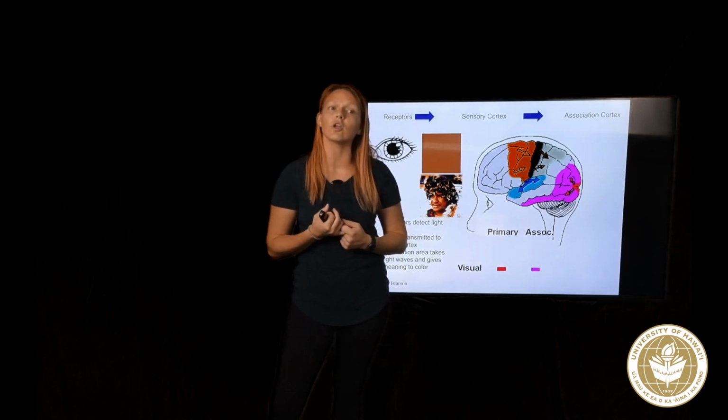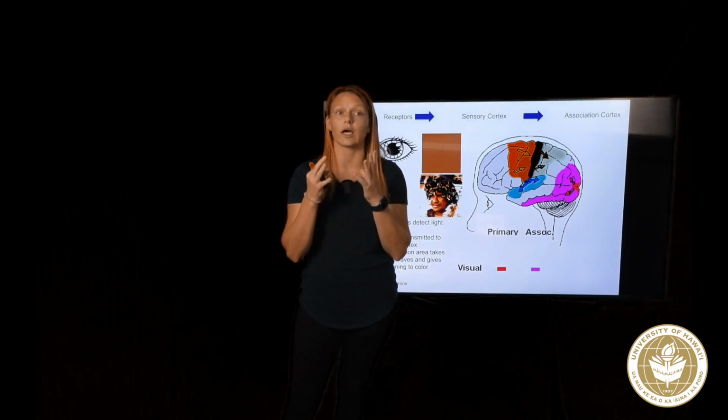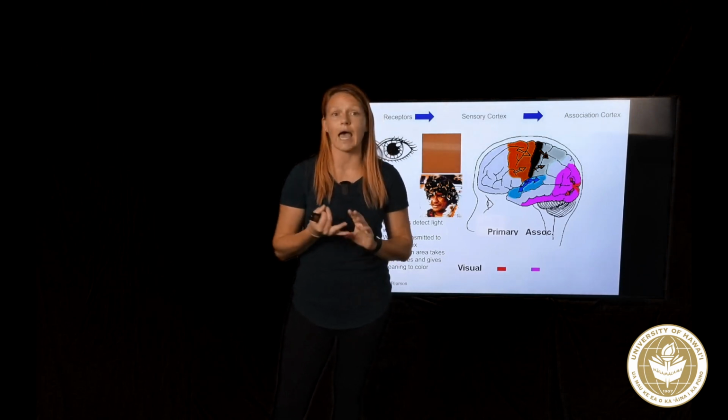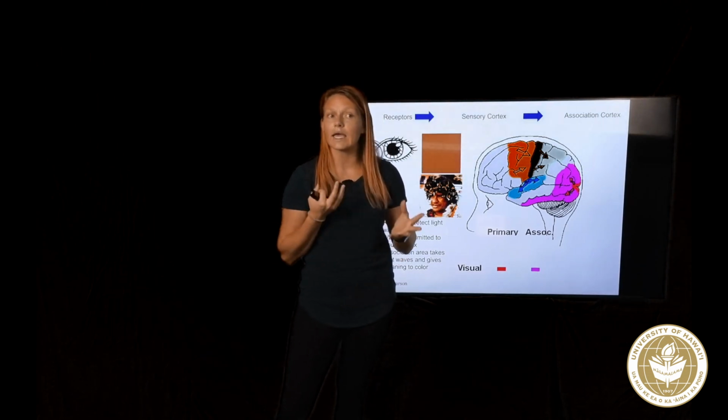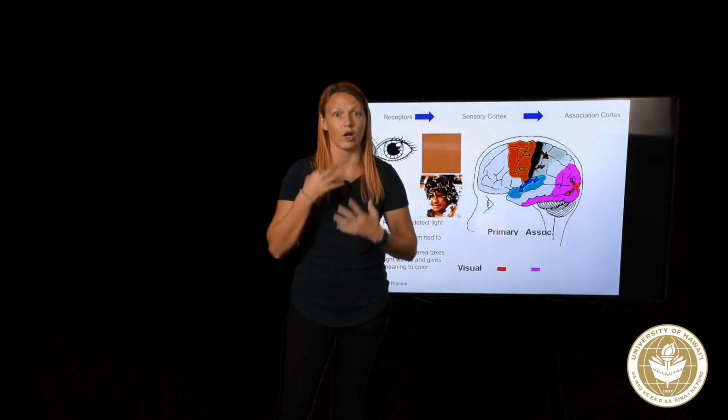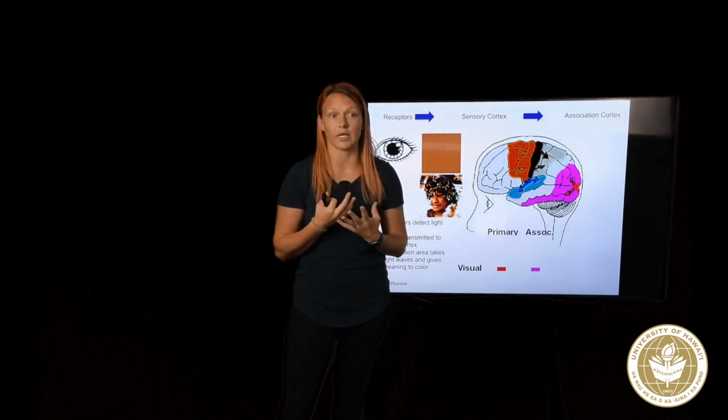So they usually only respond when our eye is looking at complex patterns, such as images of objects, abstract forms, hands, faces, or even specific faces to help us recognize somebody.